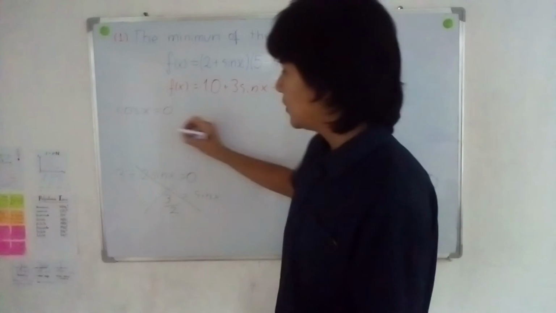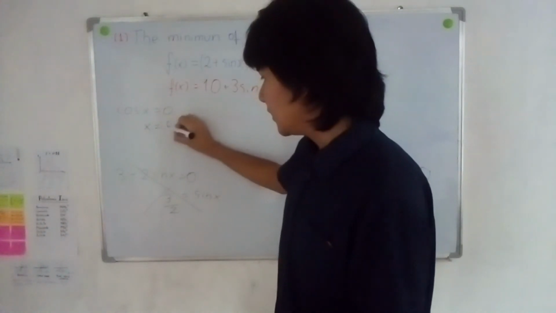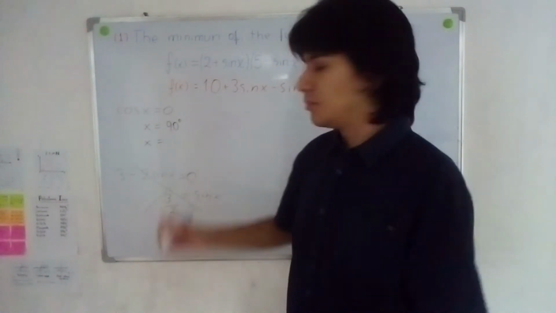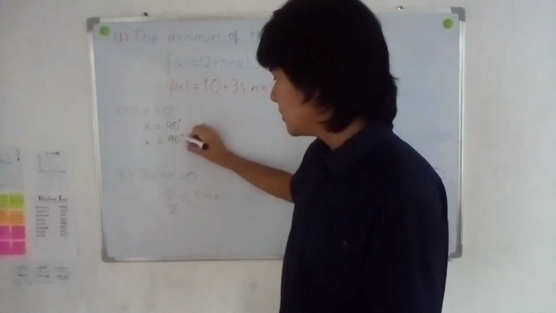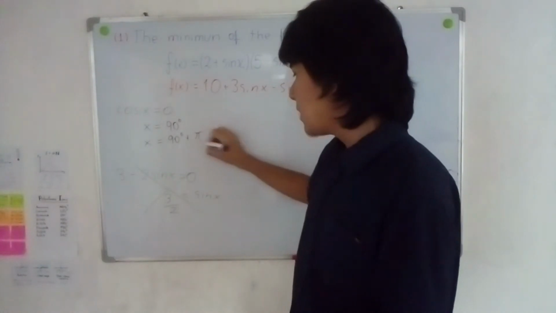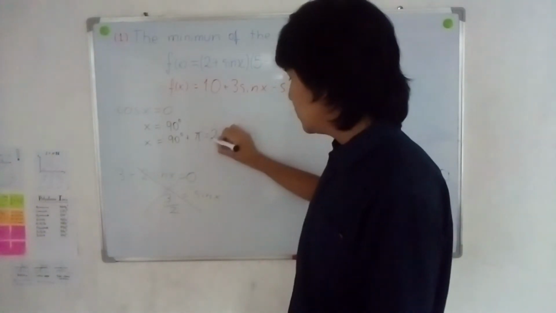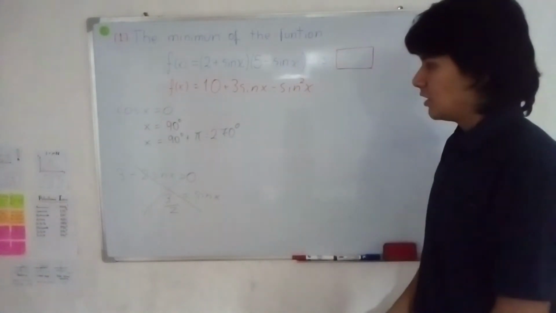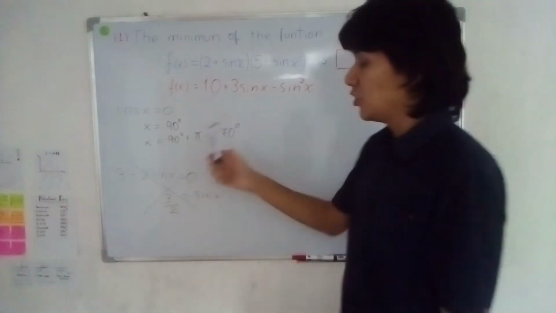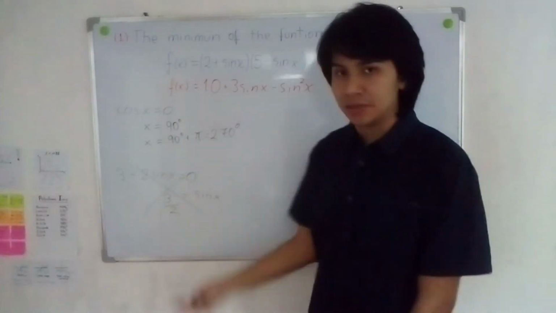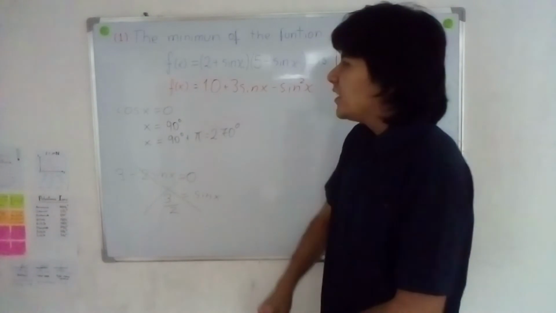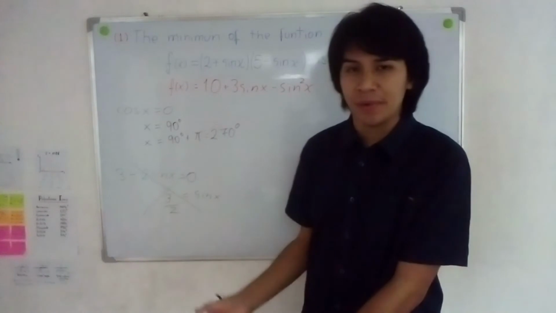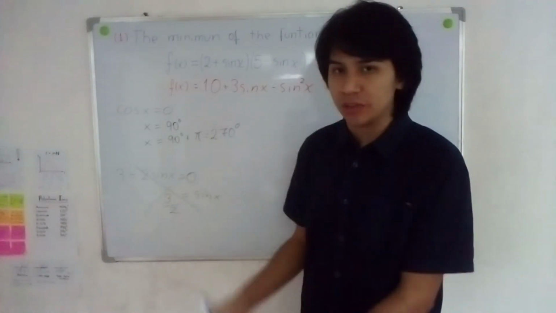That is very easy, because x can be 90 degrees or x can be 270 degrees. Yes, these two are the correct answers, because that is where the critical points happen.